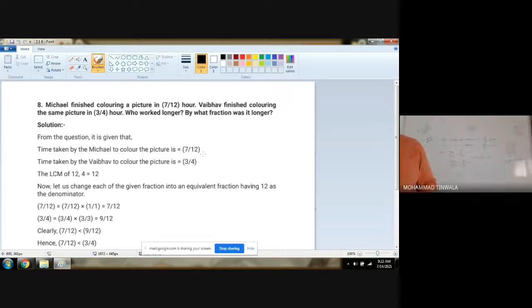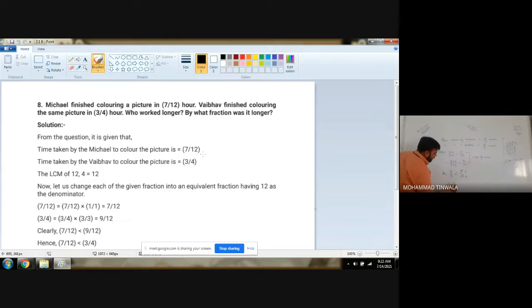We got like fractions. So can we compare these? Which one is greater now? 7 upon 12 is smaller than 9 upon 12. Yes, because 12 is the common LCM, 9 is greater. So 9 upon 12 is greater. Yes or no? 4 3s are 12.